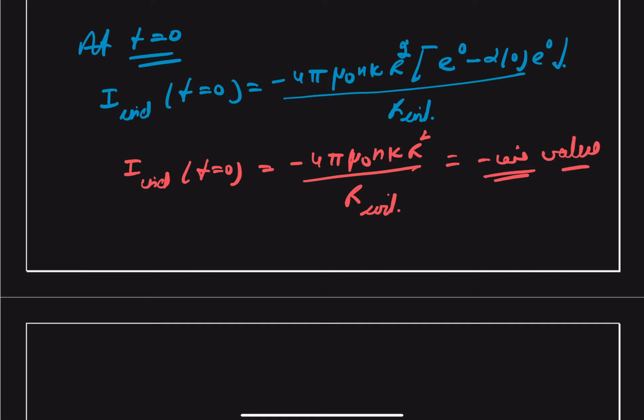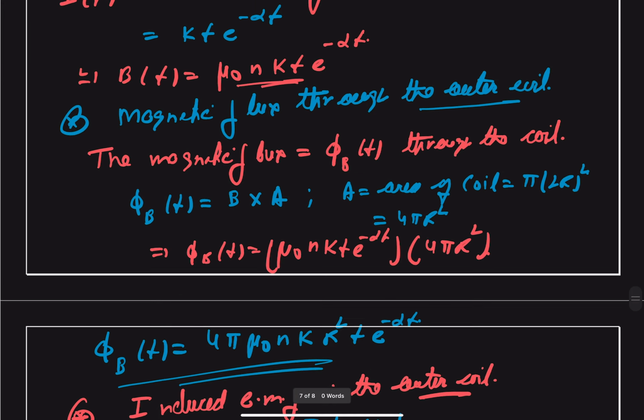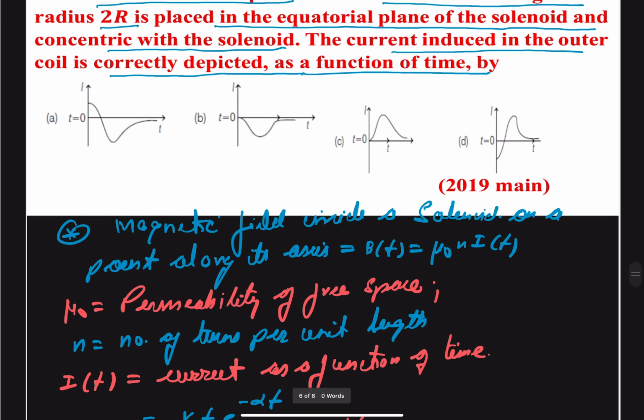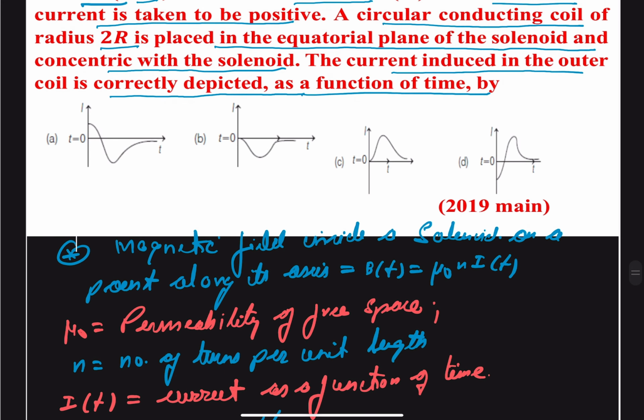So in the graphs, only one graph, option D, is having a negative value at the time t is equal to 0. The first graph is having a positive value at t is equal to 0. The second graph is having a 0 value at t is equal to 0. The C graph is also having a value of 0 at t is equal to 0.